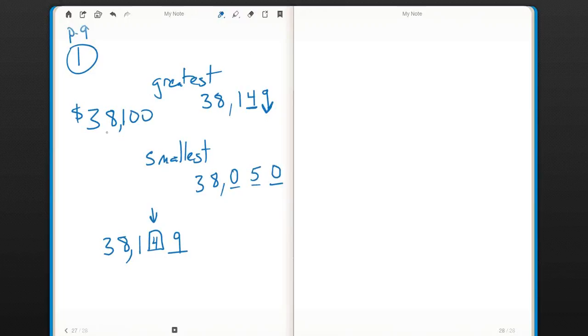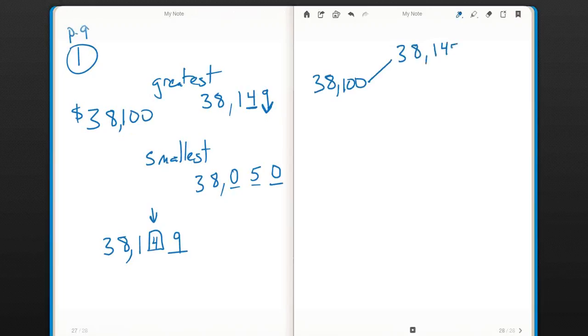So what we find is that if I round to 38,100, it has to be any number equal to or smaller than 38,149 and equal to or larger than 38,050. Every number within this region is going to round to be 38,100, including, of course, the boundary points.